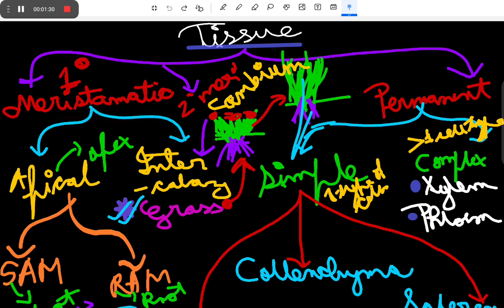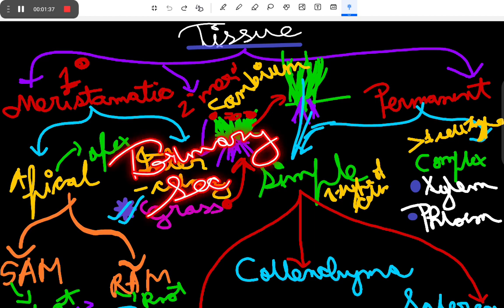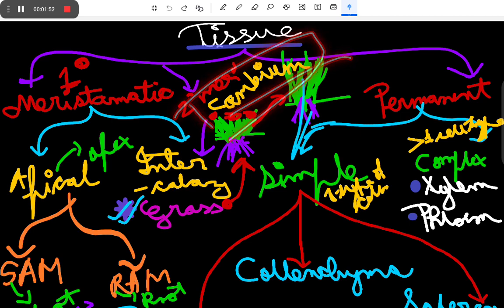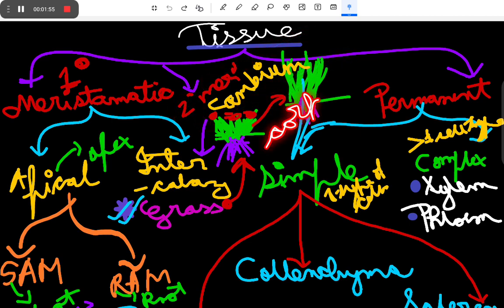Meristematic tissues can further be divided into primary and secondary. The primary meristematic tissues classification I already told you. The secondary meristematic tissue contains all the different types of cambium, like cork cambium, vascular cambium, or intrafascicular cambium, and all that stuff.